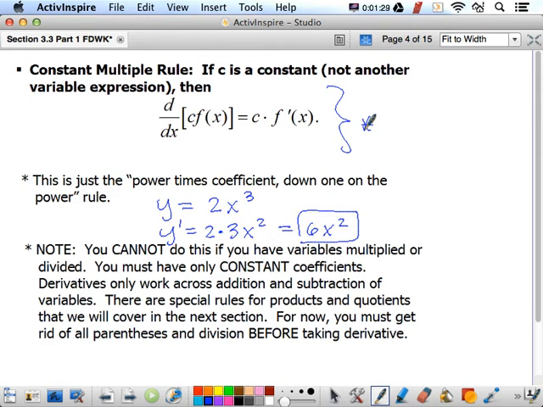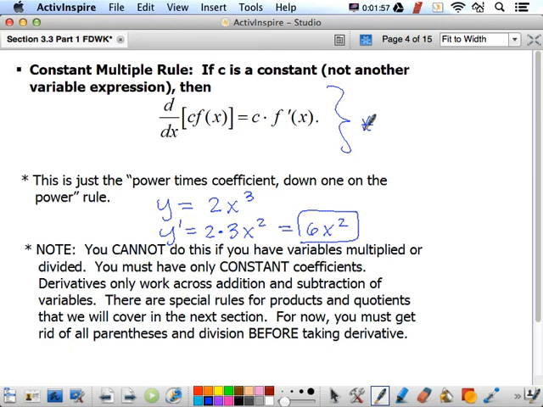Now I need you to make sure you understand that you cannot do this if you have variables multiplied or divided. You can only do this for a single term of x to a power. Make sense? Okay. For now, we will extend it until we can find the derivative of basically everything. But the basic power rule only works on monomials of a single variable.